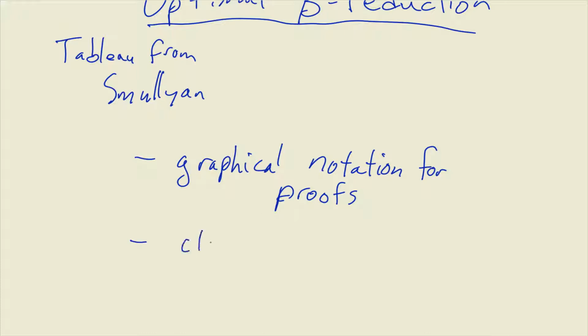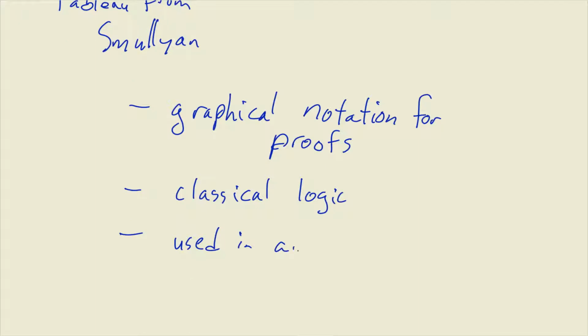Originally, I'm gathering, but I haven't checked those sources, we're talking about classical logic, but they're actually used in automated theorem proving, and my impression is that they've had some good success for non-classical logics.